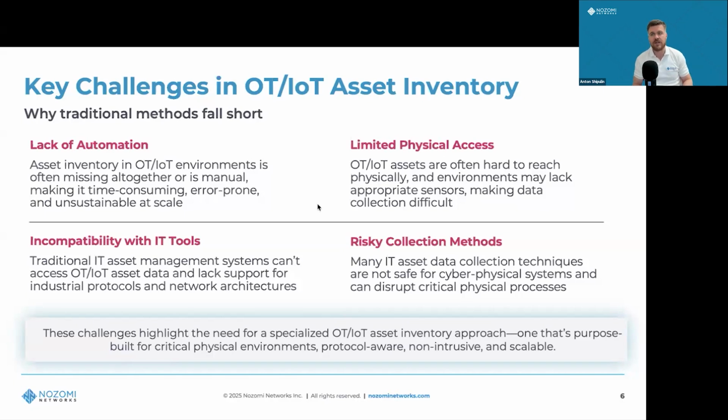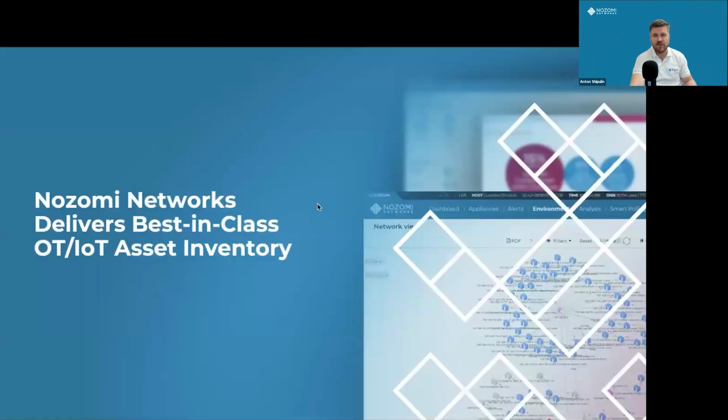And worse, some data collection methods can be risky, potentially disrupting sensitive cyber-physical systems. These challenges show why we need an OT/IoT-specific approach to asset inventory: one that's protocol aware, non-intrusive, and scalable for complex industrial and IoT environments.